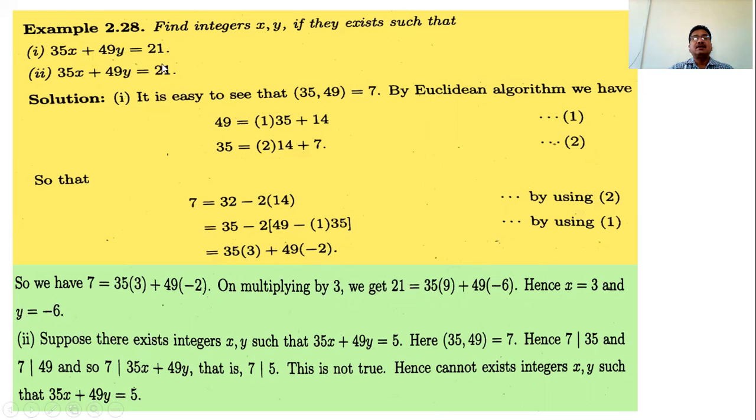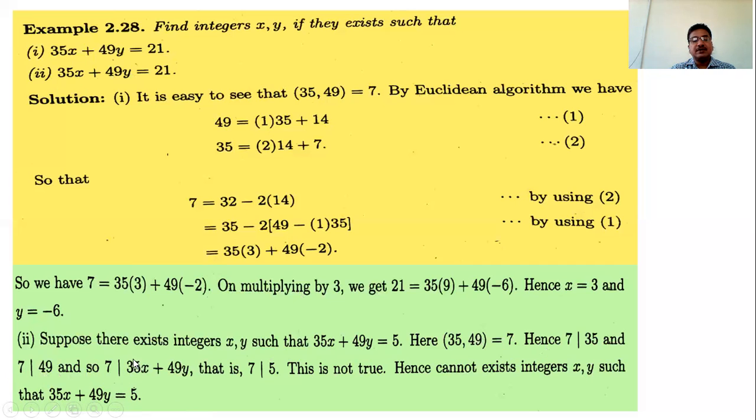Then next example, here is 5. Right, the correction in the problem is 5. Then we have to express 5 in this form, 35x plus 49y. But what is the answer? Suppose there exist two numbers x and y such that 5 is equal to 35x plus 49y. Then the greatest common divisor of 35 and 49 is 7, and 7 divides 35 as well as 7 divides 49.